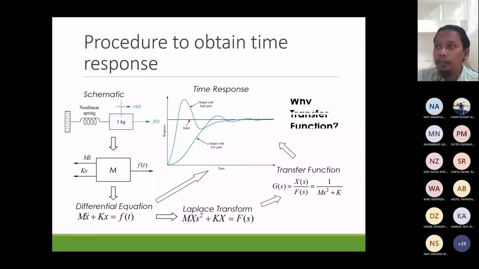Then we can apply partial fraction expansion and inverse Laplace transform to obtain the same time response answer. Why do we need this? Because as I said earlier, sometimes the differential equation is difficult to solve manually, so we need to use another method, which is Laplace transform.